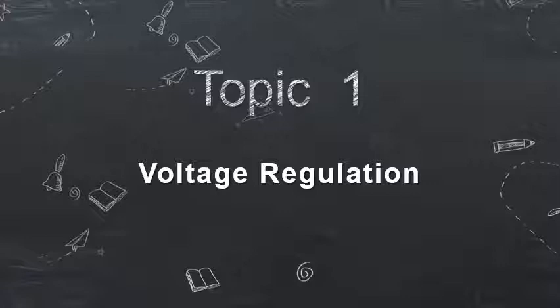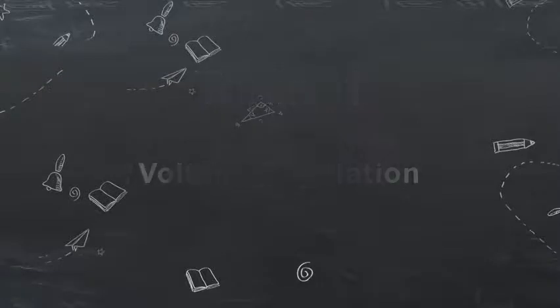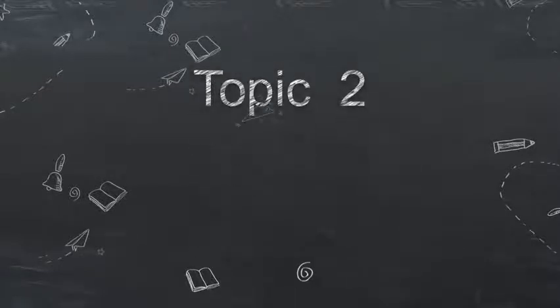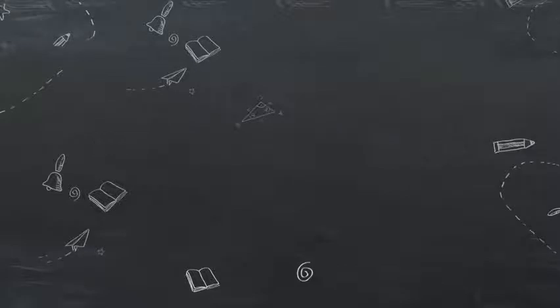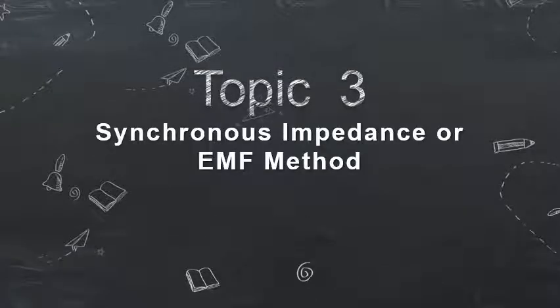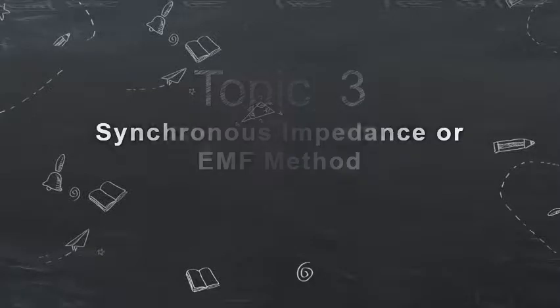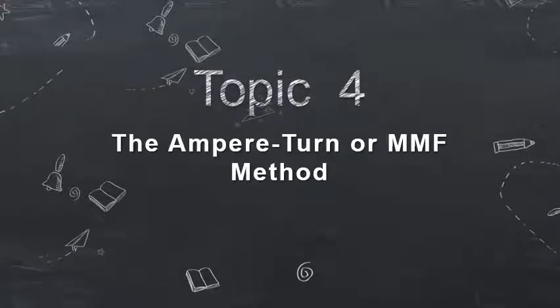This is the formula of voltage regulation जो कि हमने पिछले वाली क्लास में स्टडी किया था. नेक्स्ट टॉपिक्स जो हमने स्टडी किया था, methods to find the voltage regulations of the alternator. उसके बाद हमने देखा था सिंक्रोनस इम्पीडेंस मेथड और EMF मेथड क्या होती है. नेक्स्ट हमने देखा था एम्पियर टर्न मेथड और MMF मेथड.